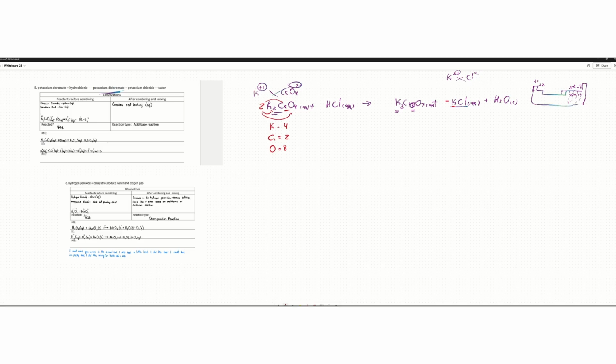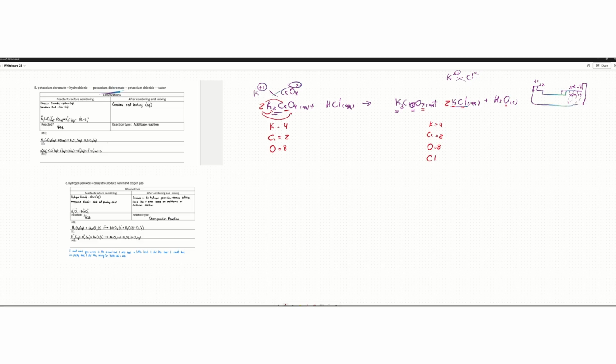So if I add 2 over here, I'm going to have 2 plus 2 will be 4, right? And now I have 2 chlorides, right? So I have 4 potassium, chromium I have 2, oxygen I still have 7 plus 1 is 8.